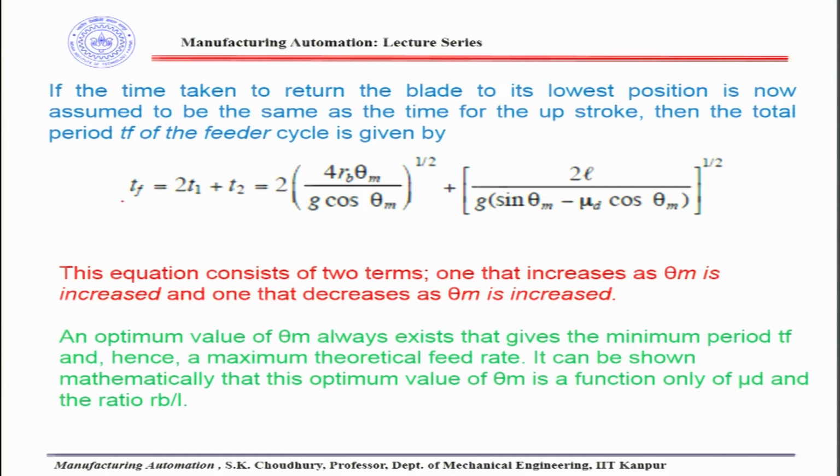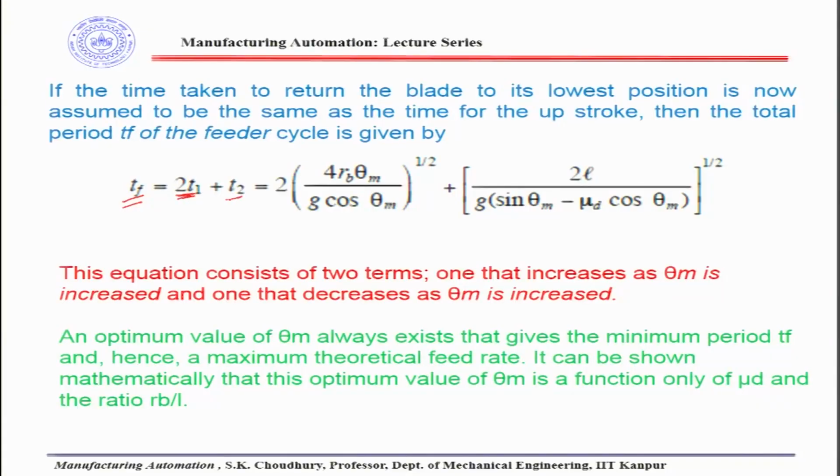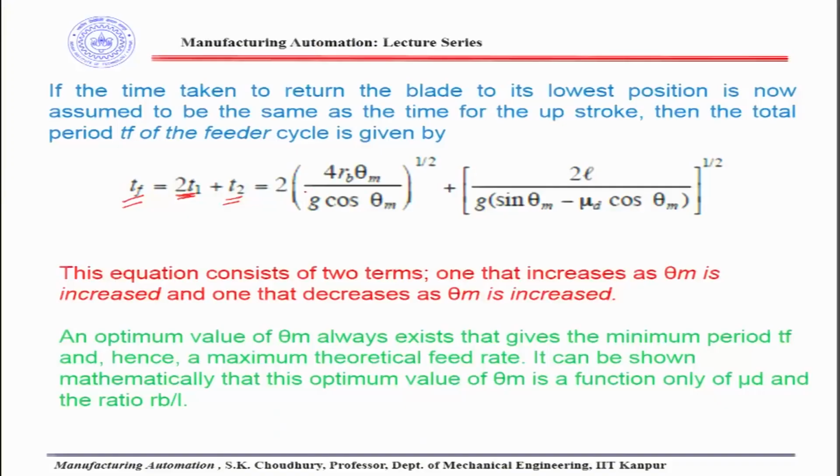Therefore, the total time will be going up plus going down, T1 plus T1, which is 2 T1, plus the dwell time, during which it stops for some time for the parts to slide down the tracks. So, the total time will be 2 T1 plus T2, which is given by 2 into this T1 that we found out, and this T2 that we found out.